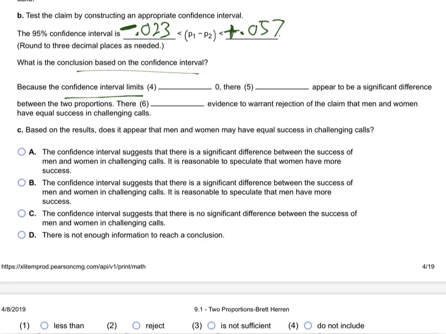That's new. So the interval contains or includes, I don't know what word they want there, one of those words. Includes, okay. Because it includes the 0. What are the words?